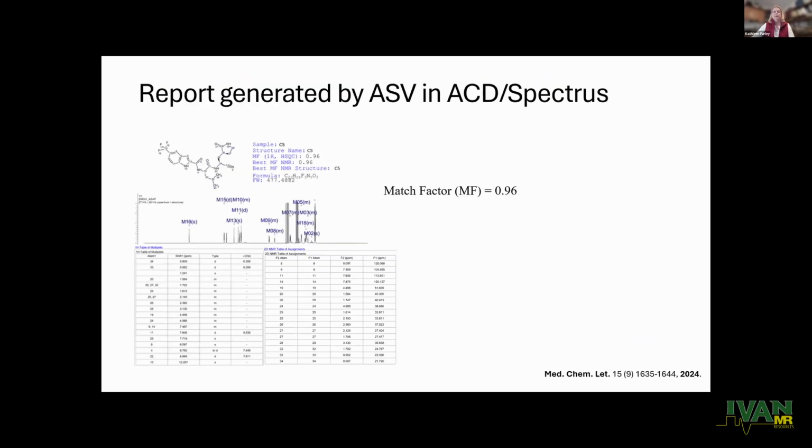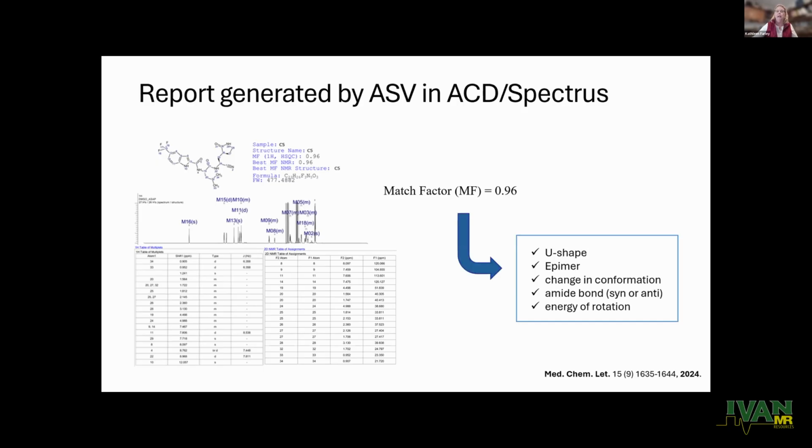So now we had reports being generated, match factors, and that's fantastic because now it allowed me, instead of verifying structures or the chemists, now I could spend my time looking at data and thinking about how this is going to impact the project. So I was able to look at chemical shifts that I knew meant it was in a U shape, or ROEs.